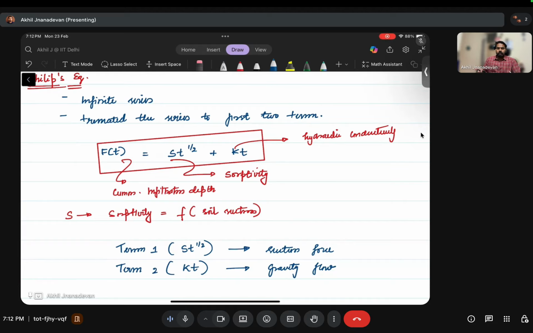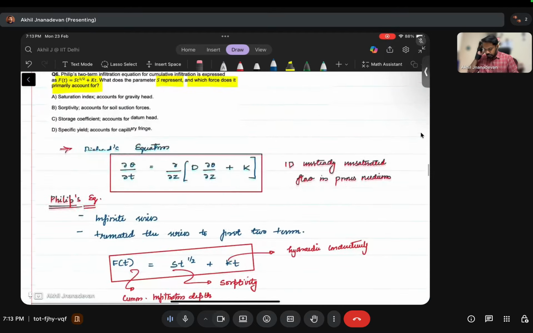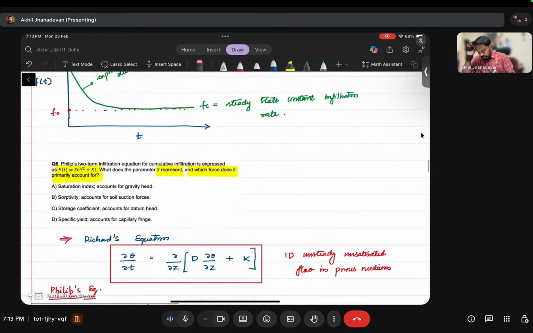Then the gravity and the flow take place with the gradient differences or the head differences. So initially the suction force is dominant, and then the gravity force comes into the picture. At any time, the infiltration depth is governed by the sum of the suction force term and the gravity force term.